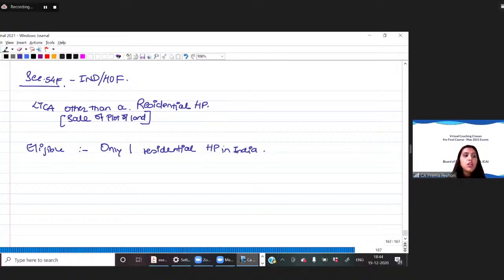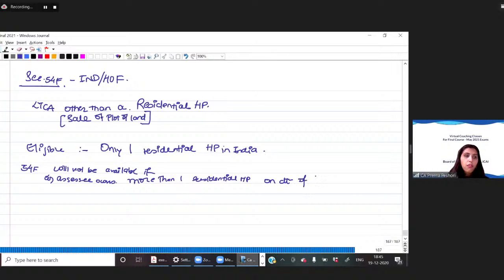Are you clear? So 54F will not be available if the assessee owns more than one residential house property on date of transfer.